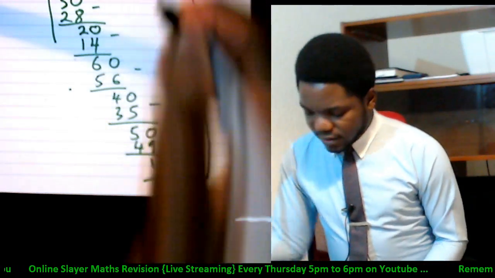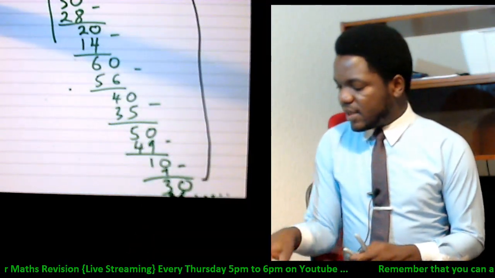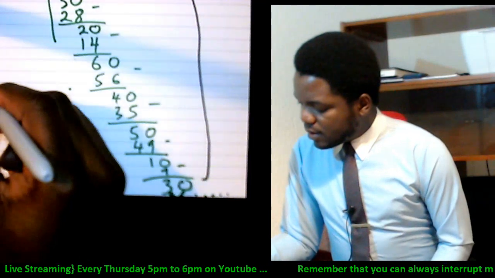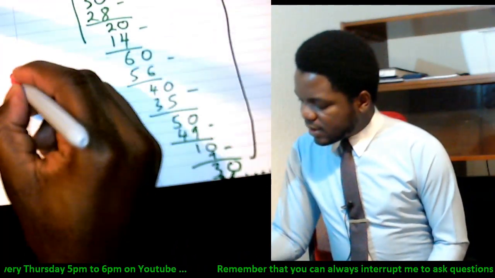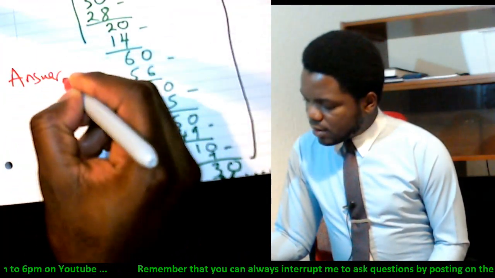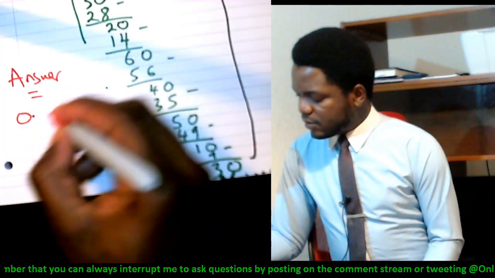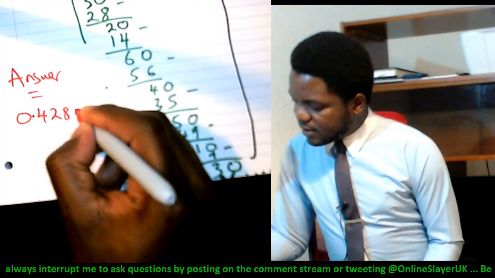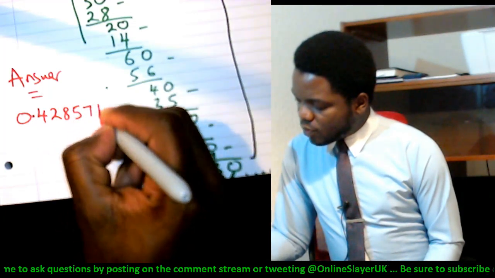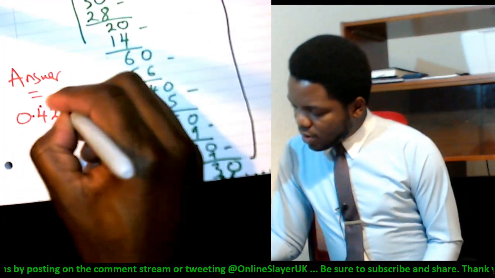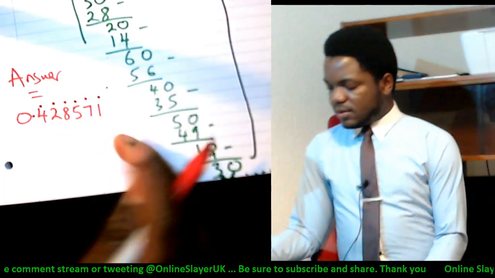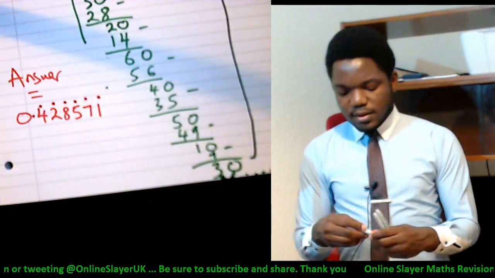So the answer, I'm going to write that in red. The answer to this question, therefore, is 0. What's repeating? 4, 2, 8, 5, 7, 1, with a dot on all of them. So that's a recurring decimal.